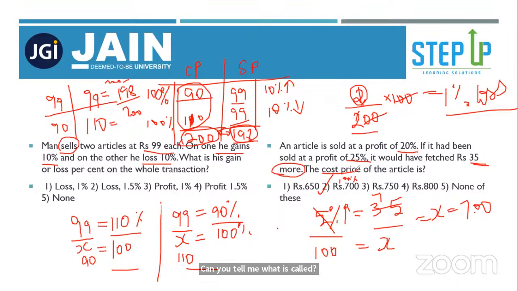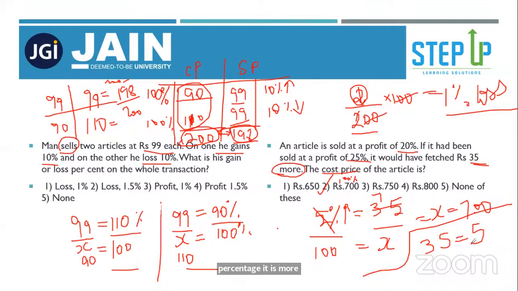How much did he get more? $35. How many percentage is it more? He was getting 20, suddenly he got 25. That means how many percentage is it more?